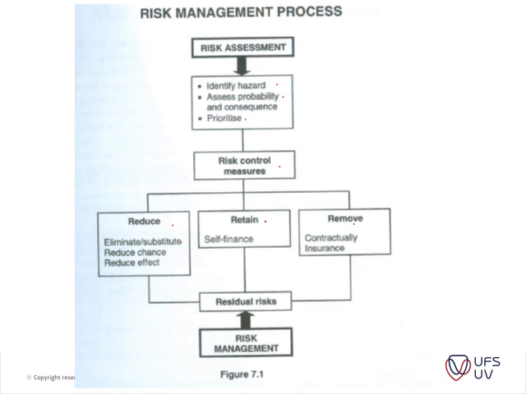You can reduce your chances of it happening, and then you can reduce the effect of it. You can retain it, like self-finance. This is now, for instance, for material risks or importation risks, cost fluctuations, etc. And then you've got contractual insurance to remove some of the risks and move it to someone else. And then you have residual risks, which I'll explain a little bit later on. But all of this comes together from risk management.